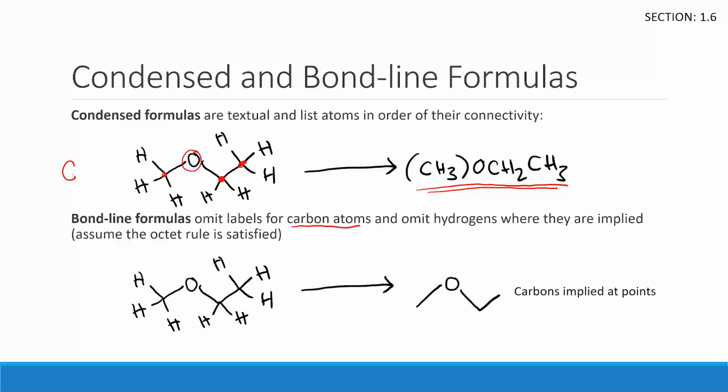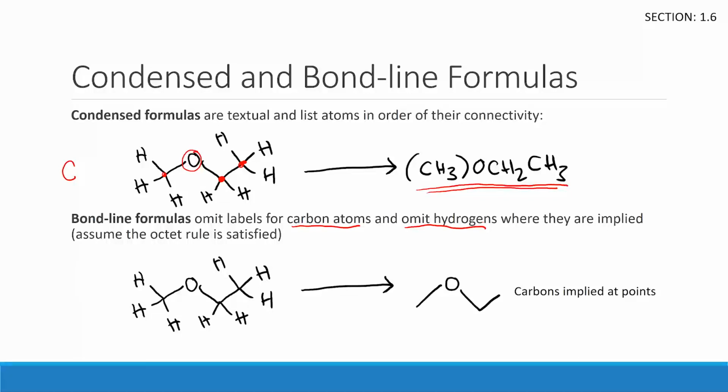So carbon atoms instead are every point in the molecule, and we omit hydrogens in the drawing. So hydrogens are implied. This is why I said it's important to always know how many bonds carbon makes, because any bonds that are not shown in a molecule, you have to assume are being made with hydrogens.